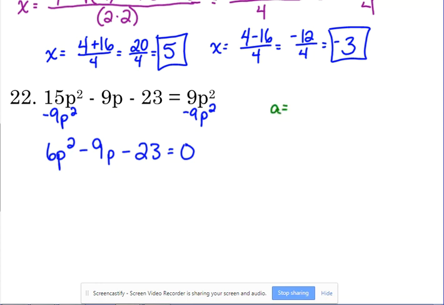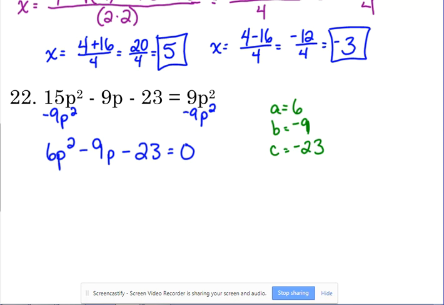Again, I know a lot of you may think that this is overkill, but it can't hurt to do it. A is 6, B is negative 9, and C is negative 23. I don't think that I mentioned this before, but just in case it comes up, because I'm not going to do an example like this: if I were missing my p term right here in the middle, what would be the value of B? 0.